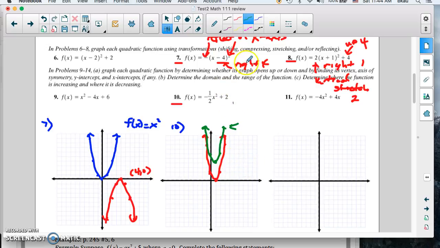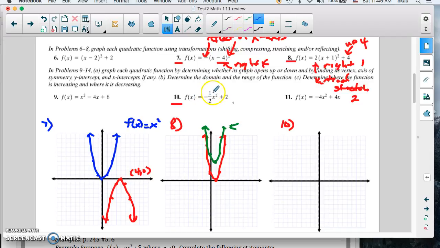Now this one has number 10. I'm sorry, this was number 8. This is not number 10. Now we're going to do number 10. So number 10 is, first we're going to do a vertical shrink by a factor of 1/2.